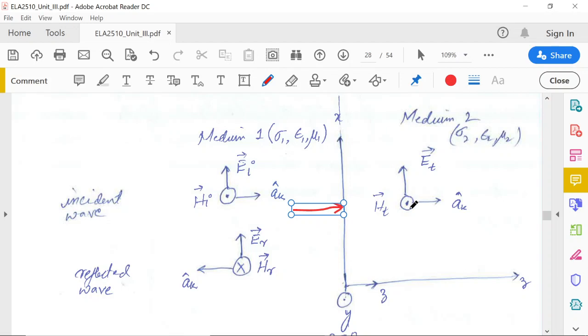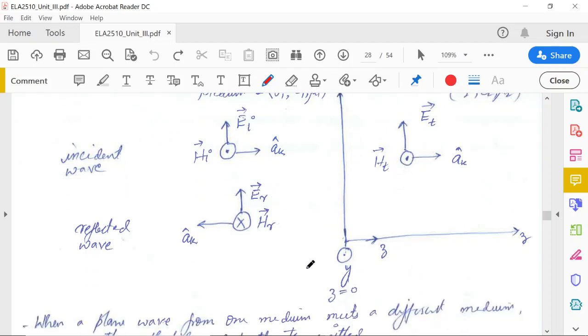HT is along the positive y axis, ET along the positive x axis, and propagation along the positive z axis. These are the conditions on these three waves. This is called the incident wave, and we denote I for incident, R for the reflected wave, and T for the transmitted wave.